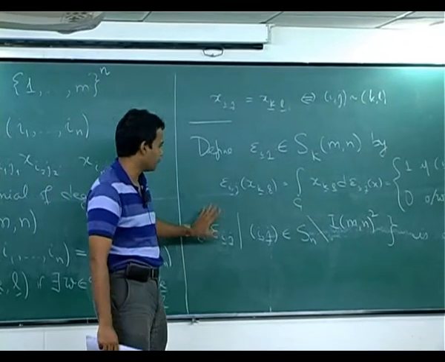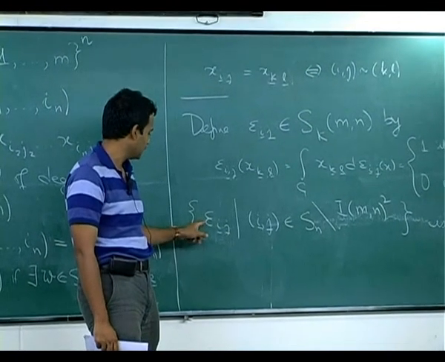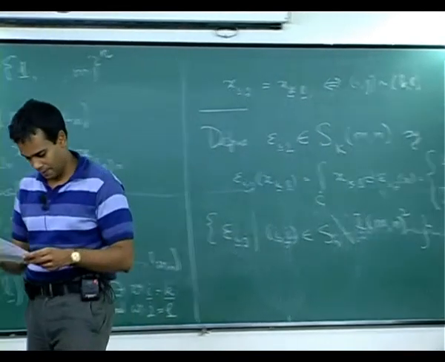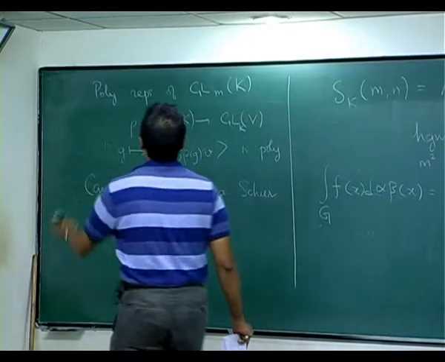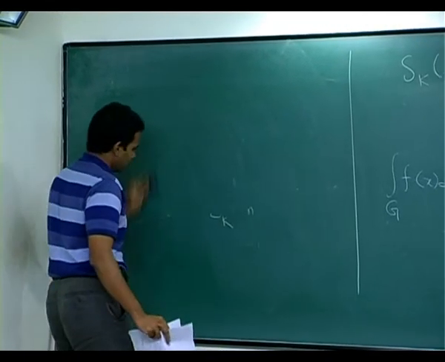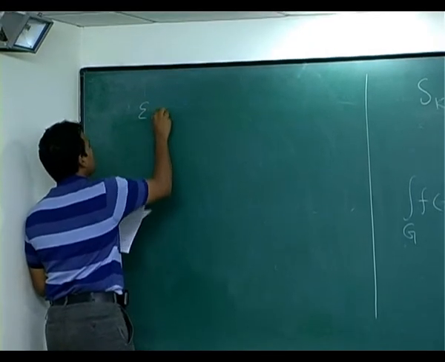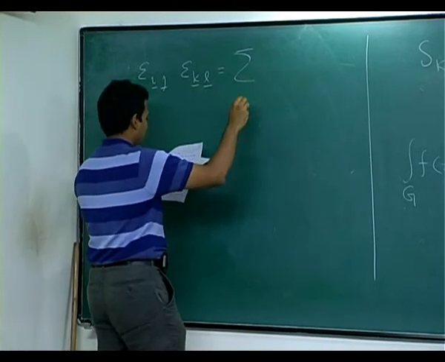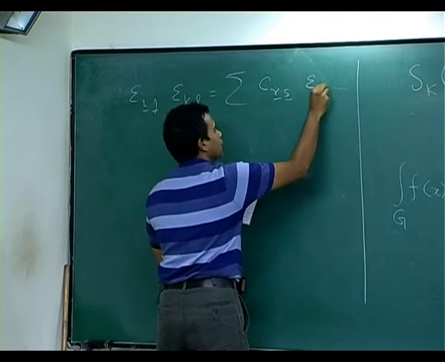So, now we have got hold of a basis of the Schur algebra. Let us try to see what the structure constants are. In other words, if I take two such things and multiply them, what do I get? So, what I want to know is, if I take epsilon I j times epsilon k L, then I can certainly expand it as C r s epsilon r s.